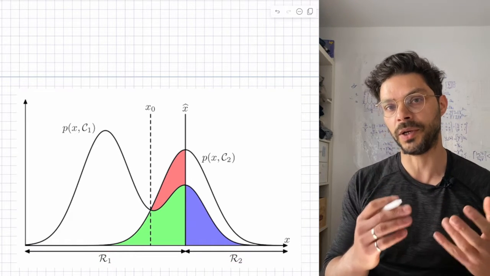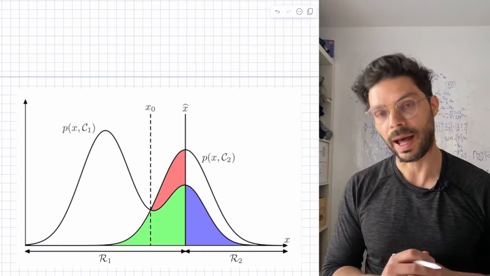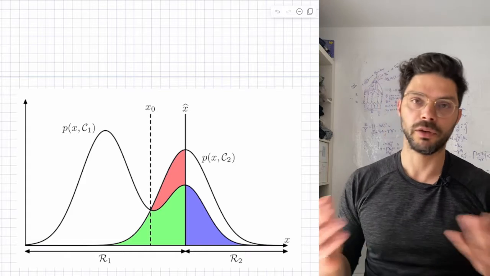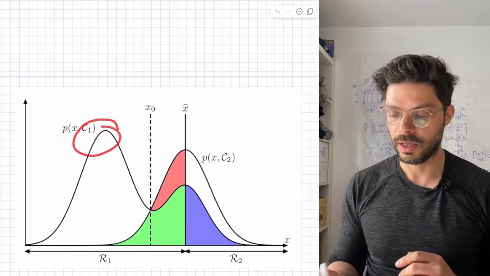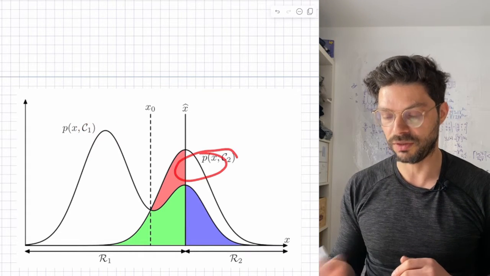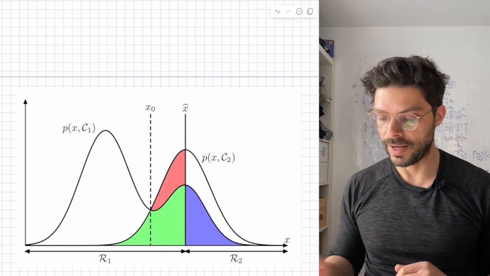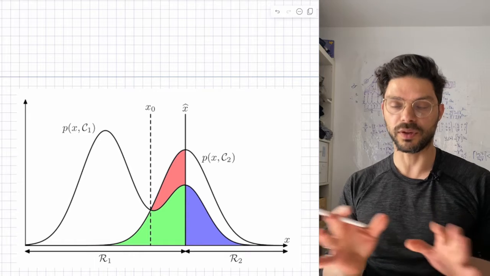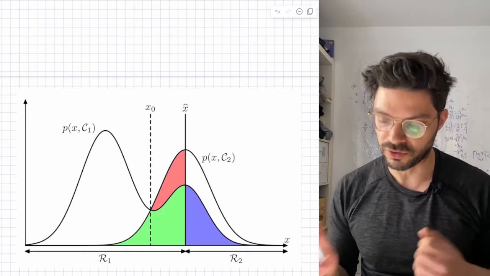So now we want to see where our mistakes are happening. The mistakes are going to be coming from two sources, either from this distribution or this distribution. He's colored them differently because these regions have interesting properties.